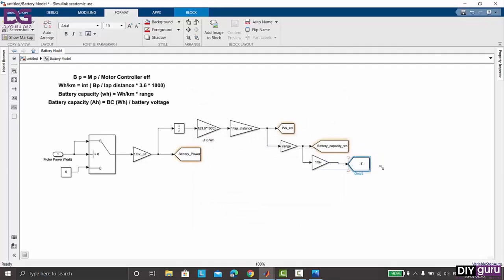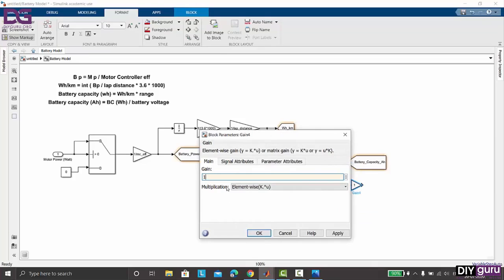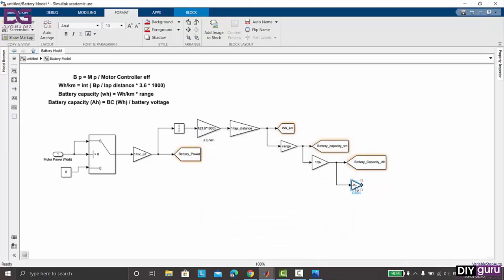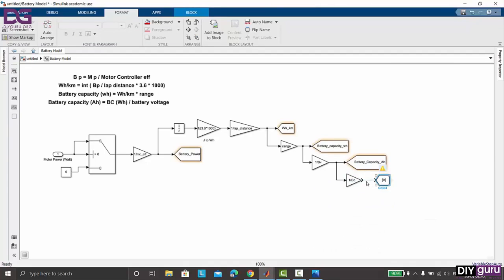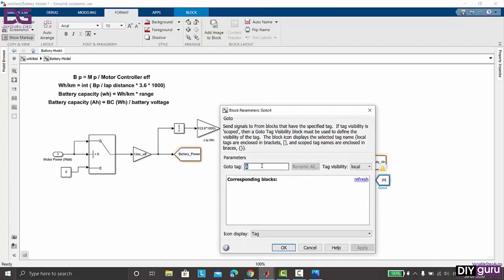Once we get the battery capacity in ampere hours, we divide it by the cell capacity of a single cell. We get the number of cells in parallel: one more gain block, and divide by cell capacity. One more go to block for cells in parallel.